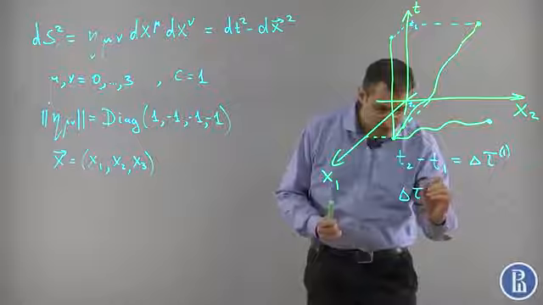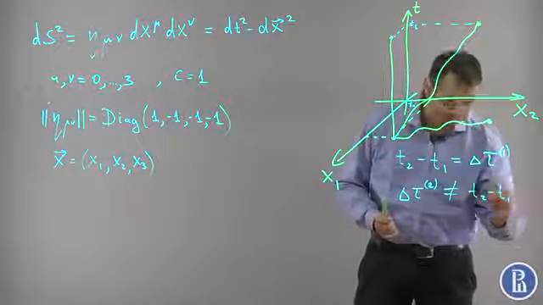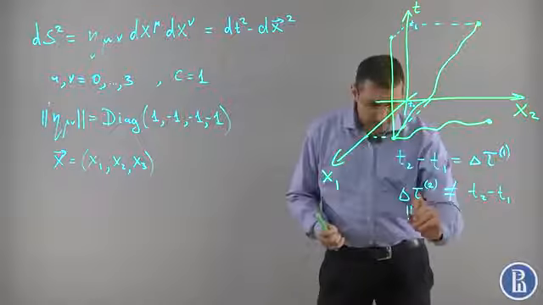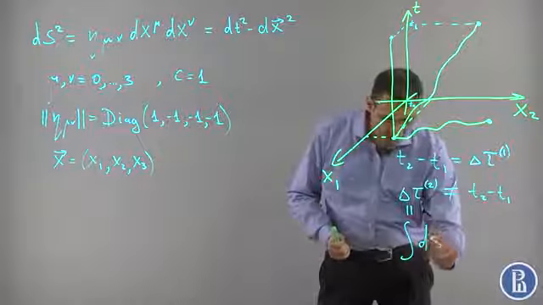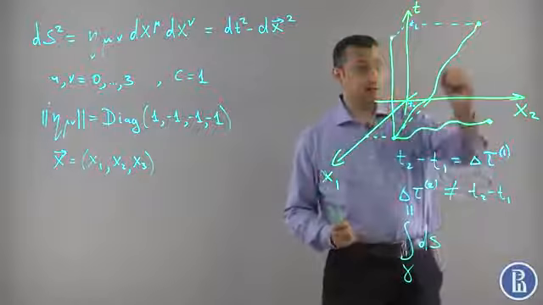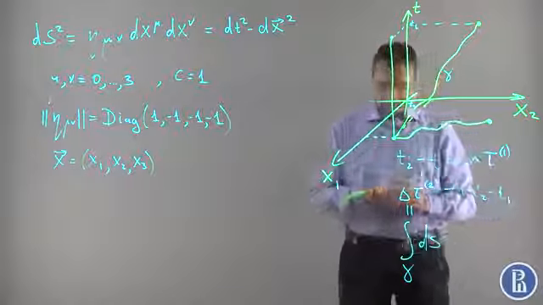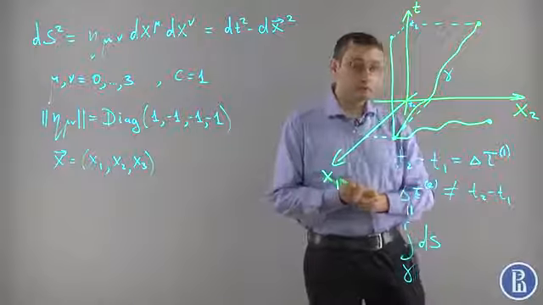while the cockroach which was moving has now spent a different proper time, which is not equal to t1 minus t0. It's the length of this world line, which is equal to the integral of ds over this world line. And this is not equal to t1 minus t0. In fact, one of the cockroaches is older than the other.